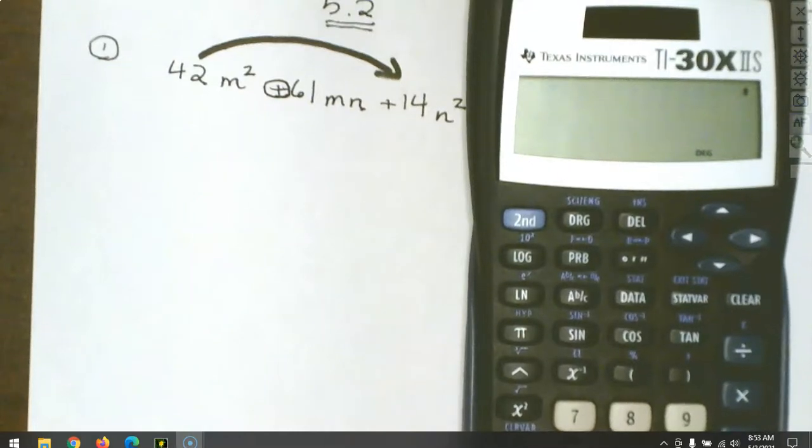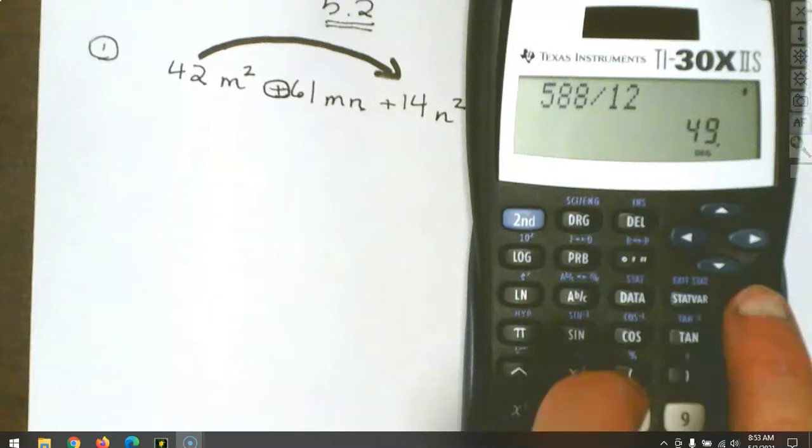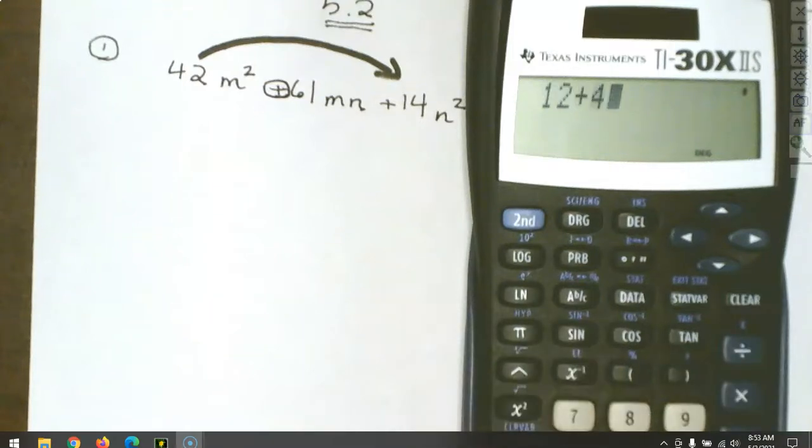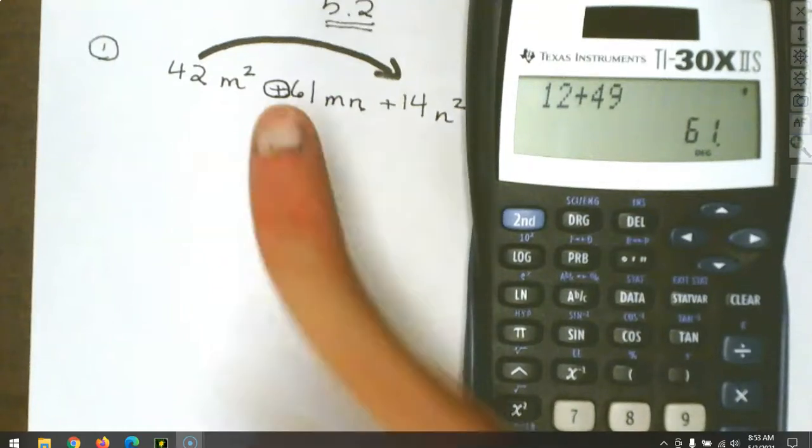So that means we're going to try things like 2, 4, 6, 8, and so on. 588 is a pretty large number, so let's start with a 12. See if 12 will go in there. Okay, and 12 gives you 12 and 49. And 12 plus 49, well, what is that? 12 plus 49 is a 61. That's what we needed in the middle.